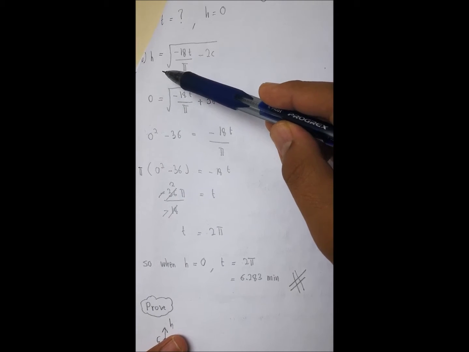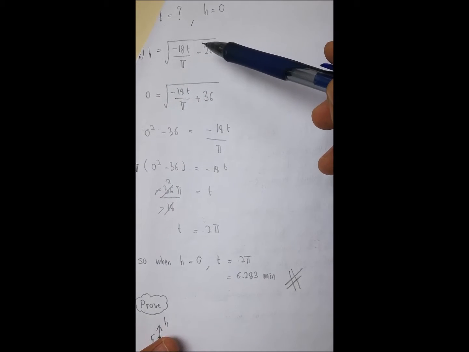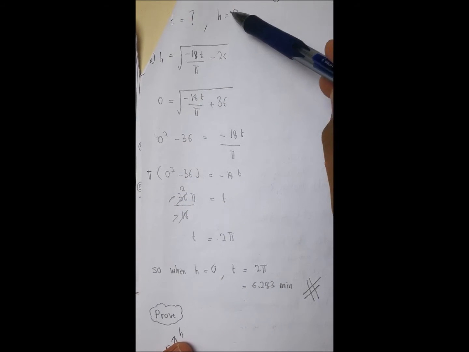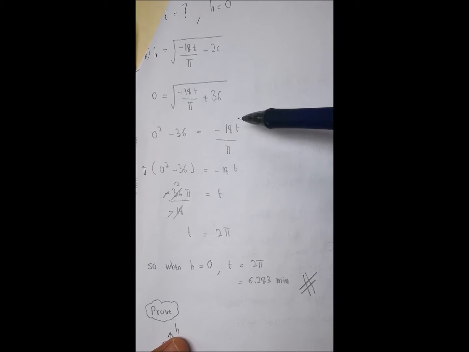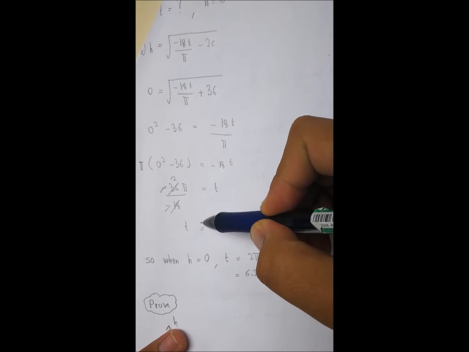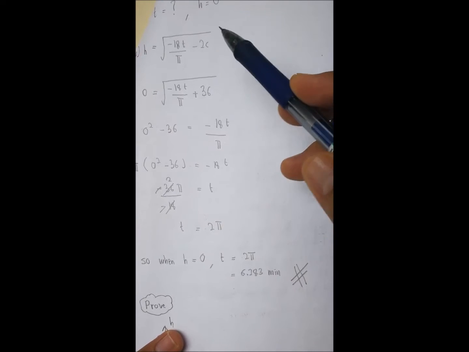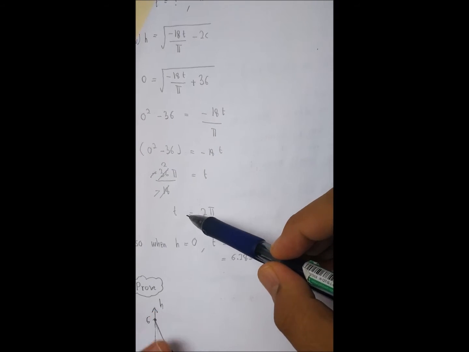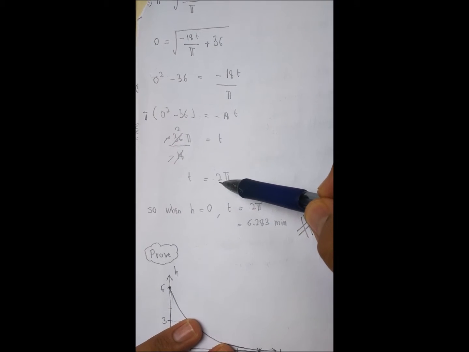So we can easily substitute the value of the height into the equation to find the value of t. After we solve it, we got the value of t is equal to 2 pi.